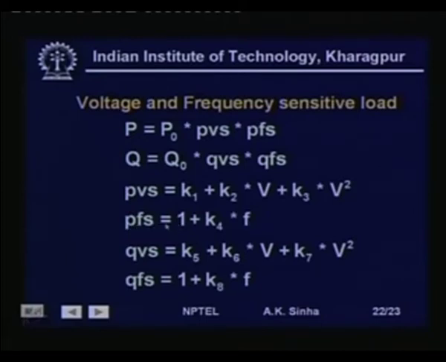So PFS we write as 1 plus K4 into F, and QVS is the sensitivity of reactive power with V, that can be represented as K5 plus K6 into V plus K7 into V square, and similarly the sensitivity of the reactive power with frequency can be written as 1 plus K8 into frequency.